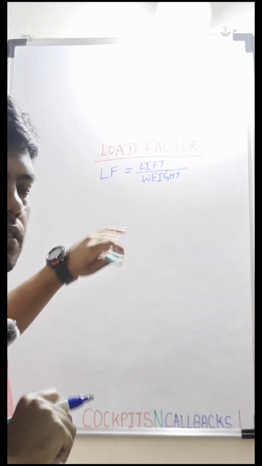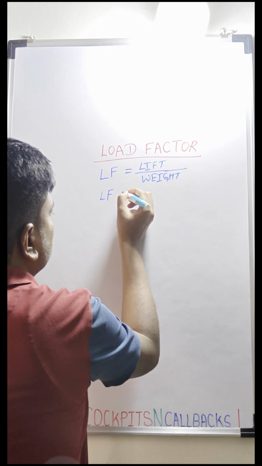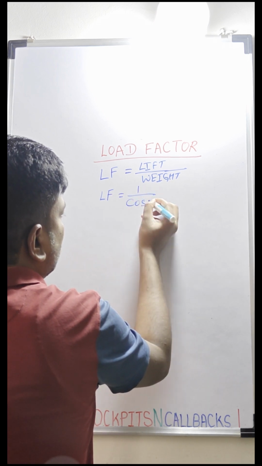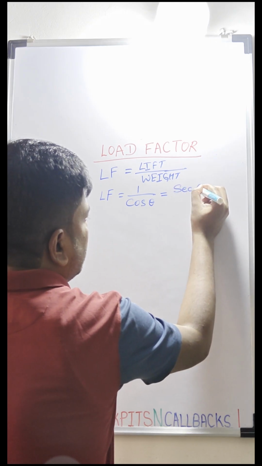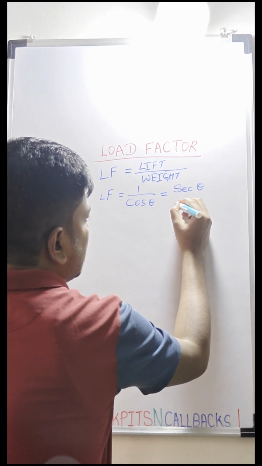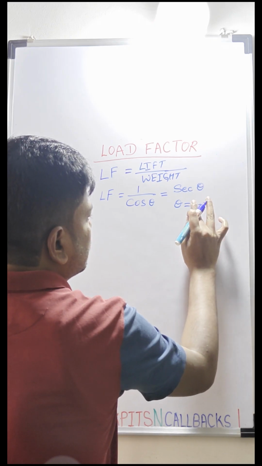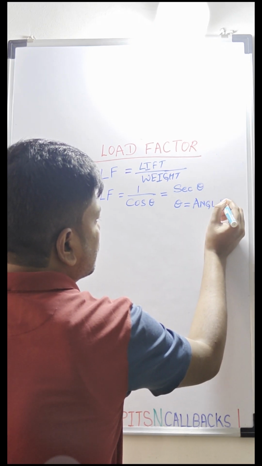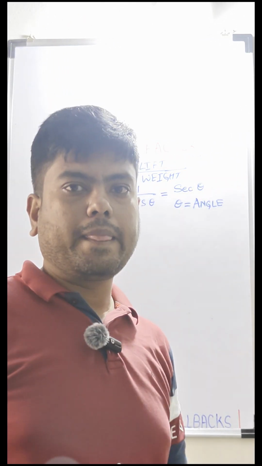Now another formula for load factor is 1 by cos theta, which is secant theta, where theta is the angle that your aircraft is actually making with the horizon, correct?